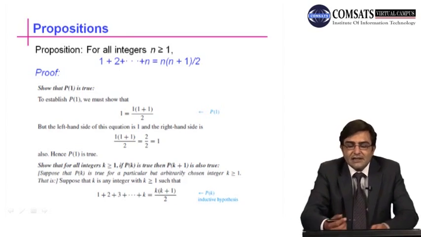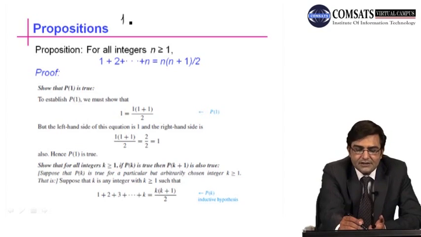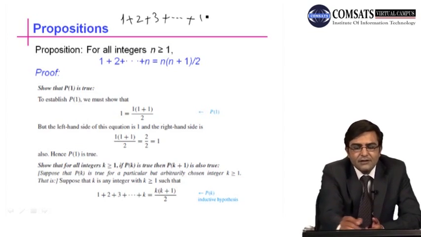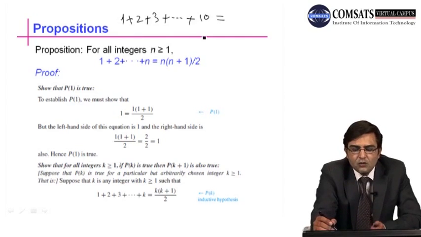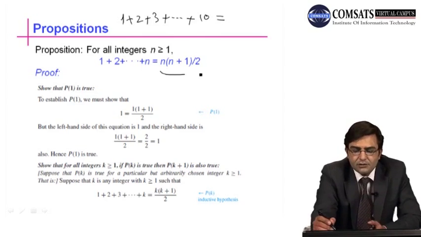This property basically tells us the sum of n integers. For example, if we want to calculate the sum of the first 10 integers, 1 plus 2 plus 3 and so on plus 10, then instead of adding all these integers, we just use this formula, n into n plus 1 divided by 2.